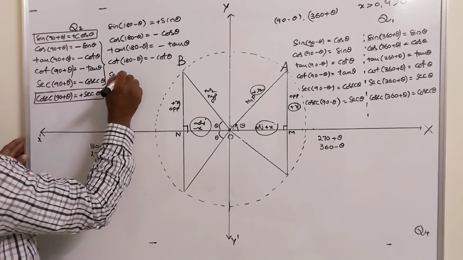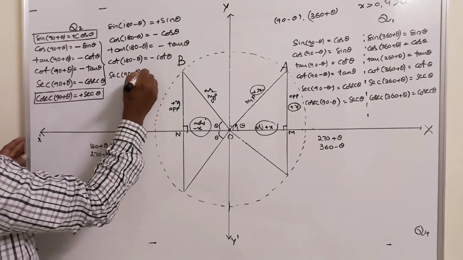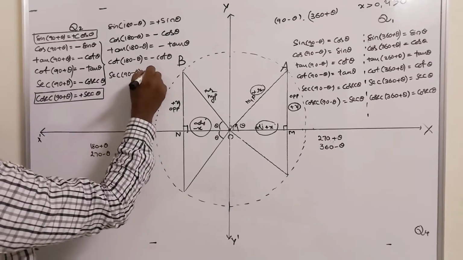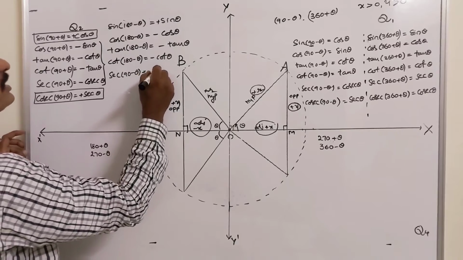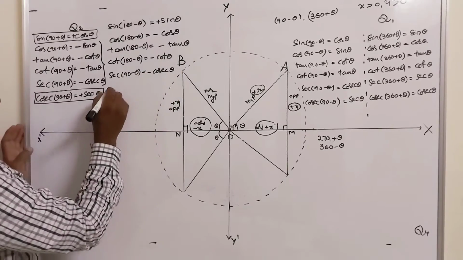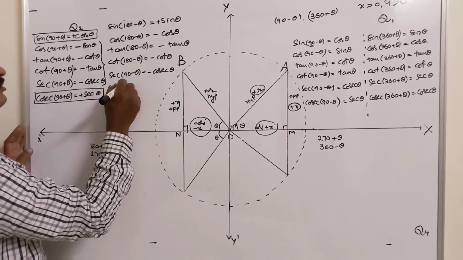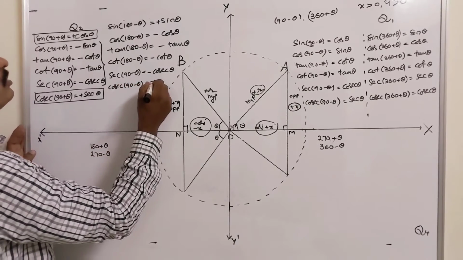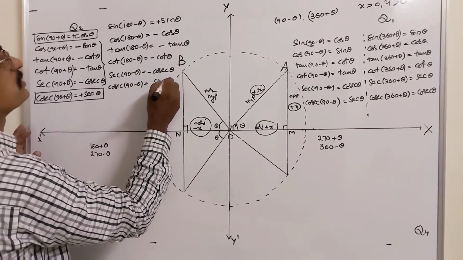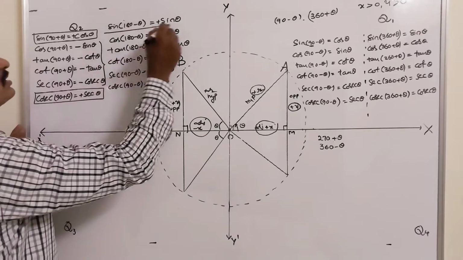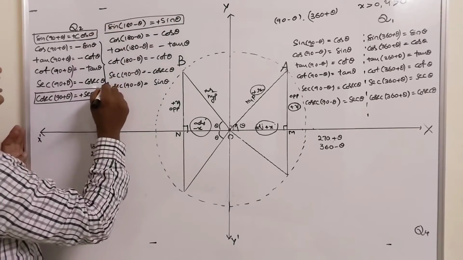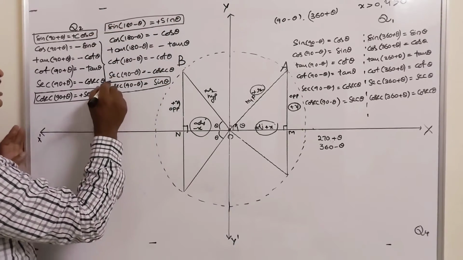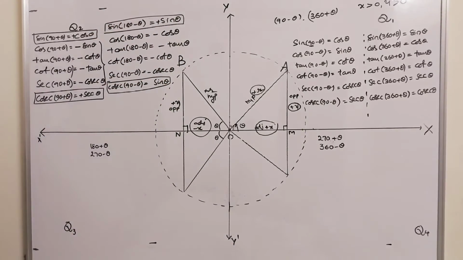Secant of 180 minus theta is equal to minus secant theta. Next, cosecant of 180 minus theta is equal to cosecant theta. That is, sin theta and cosecant theta are positive.